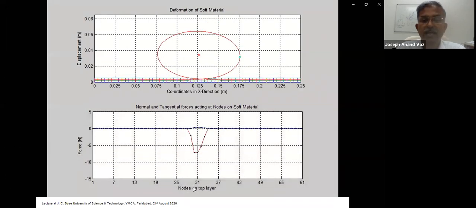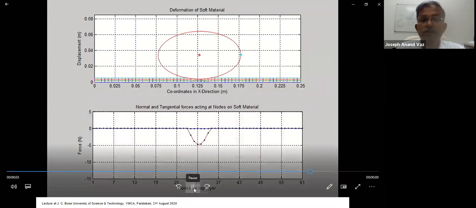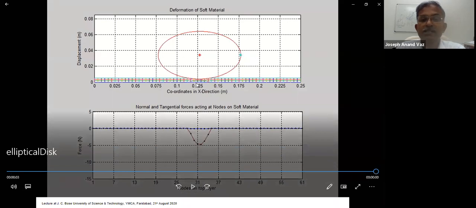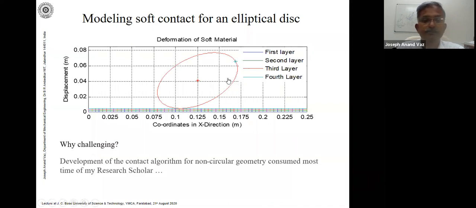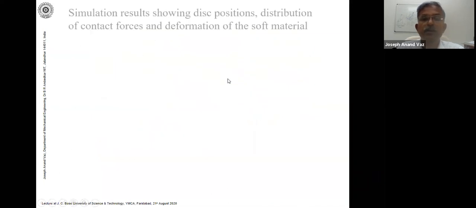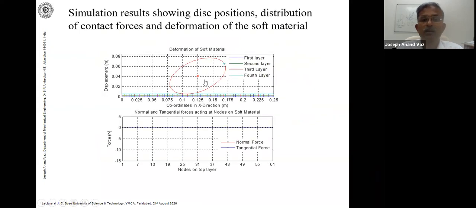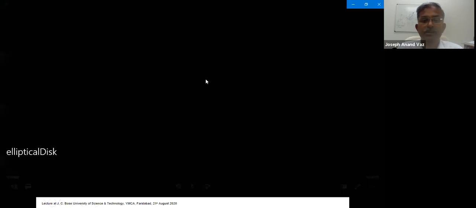So how dynamically you can calculate, because the area of contact is changing as this takes place. The area of contact changes, the dynamics changes, and it's all captured beautifully using bond graph. So come to the next slide. Here's another example.